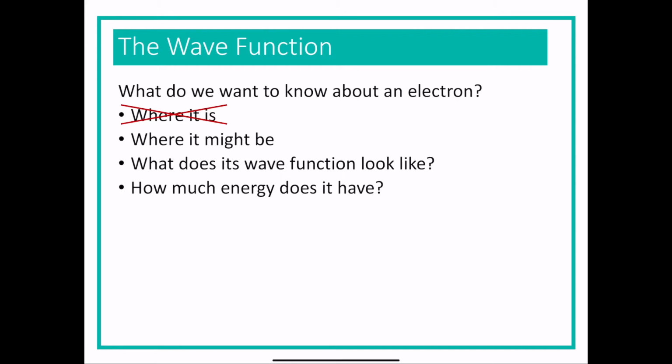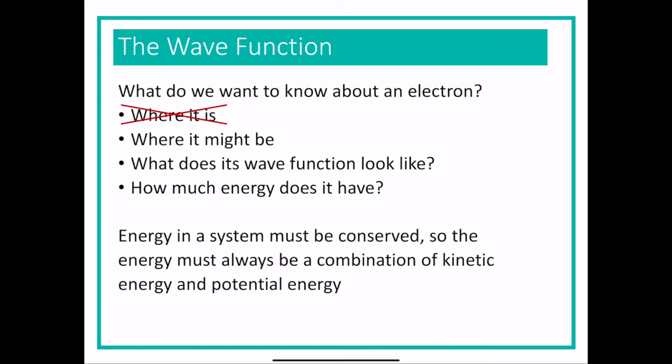How much energy does an electron in a particular thing have? Because basically there are states in which the electron can be, and it can be at different energy levels. So basically where it might be and kind of how's the wave function working and how much energy does it have, that's really all we can know about it.